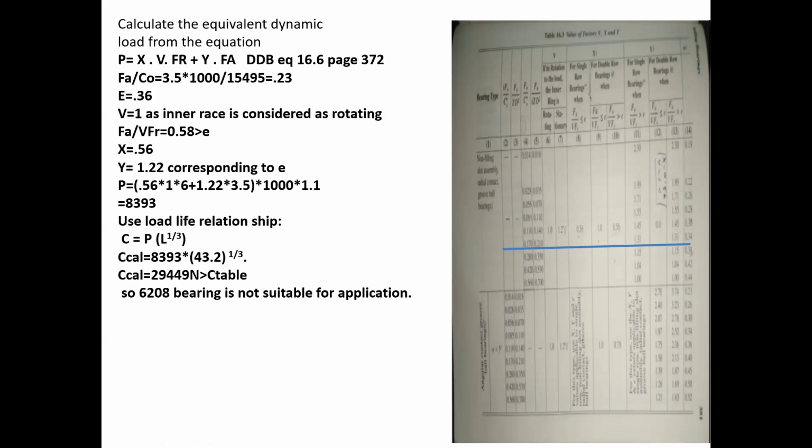If the difference of 0.11 for the one quantity is equal to 0.04, then what will be the difference for one unit? That will be equal to 0.04 divided by 0.11. Then we have to find the value for 0.23. That means it is lesser than 0.28 by 0.05.